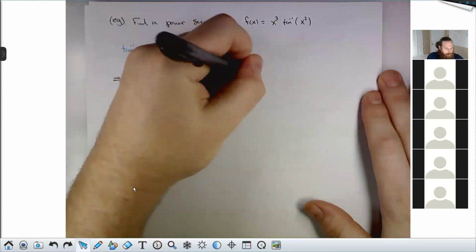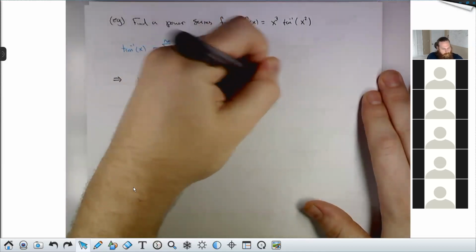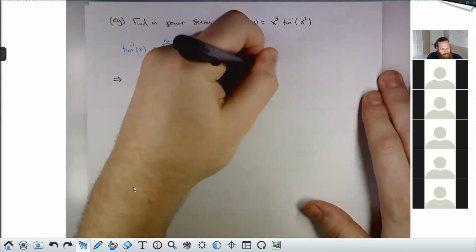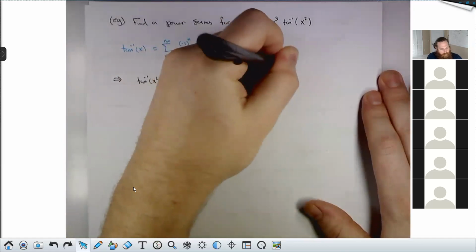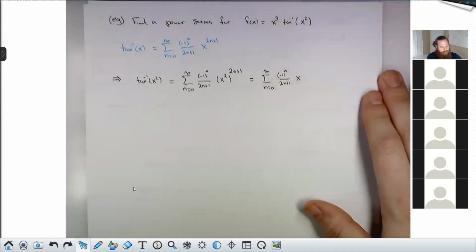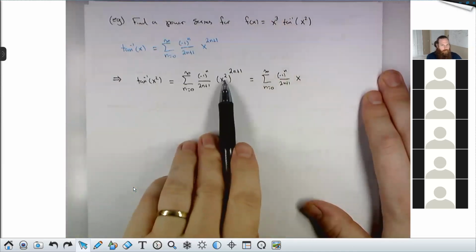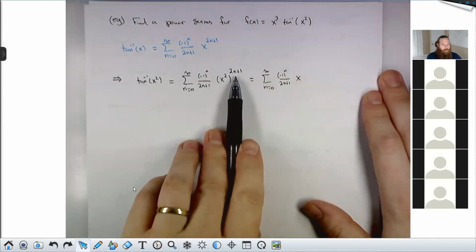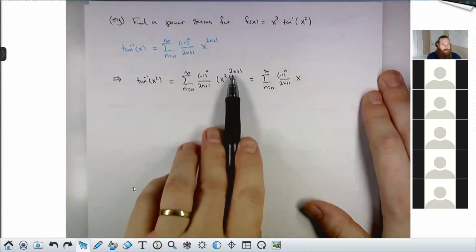Which I can simplify. If I take x squared and I raise it to the 2n plus 1 power, I just multiply the powers. So that would be 4n plus 2.